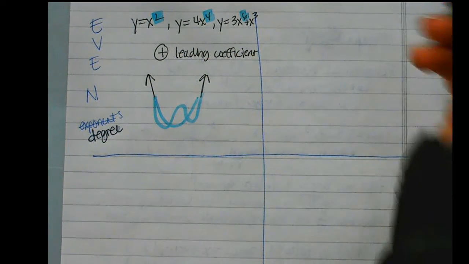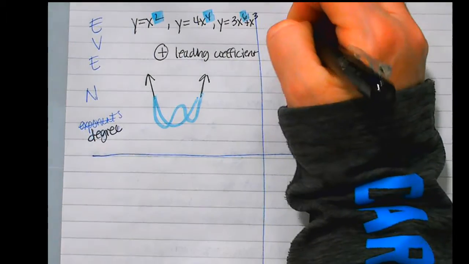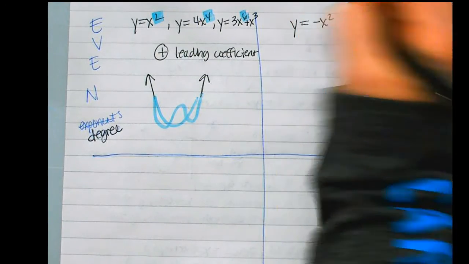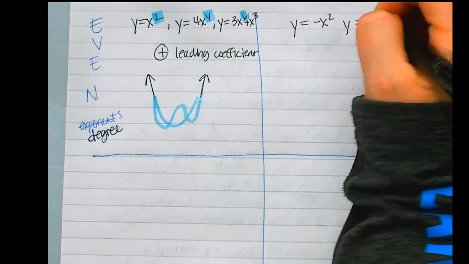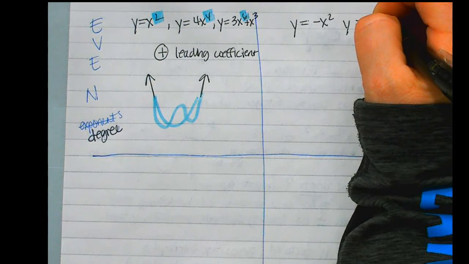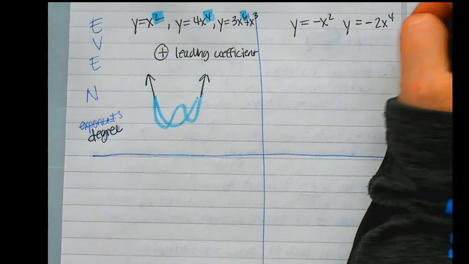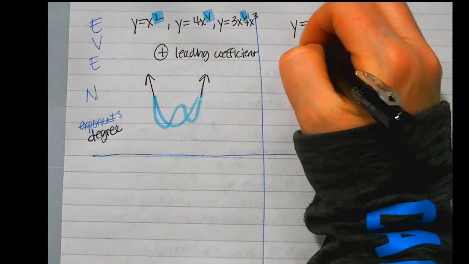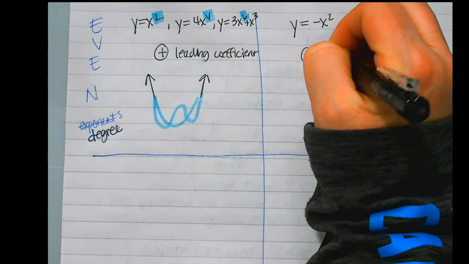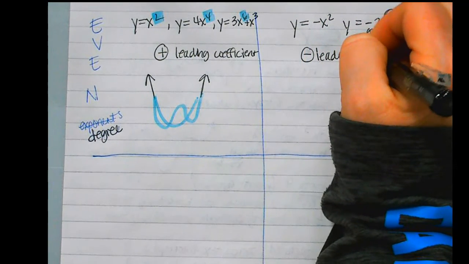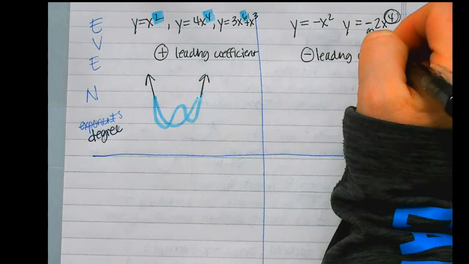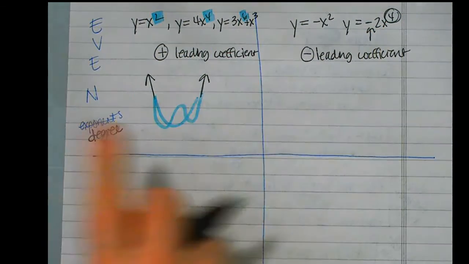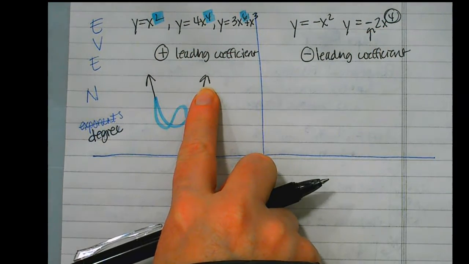If it's even, but we said negative x squared, or y equals negative 2x to the fourth, or anything that's even up here, but with a negative leading coefficient, that takes the same graph and flips it over.